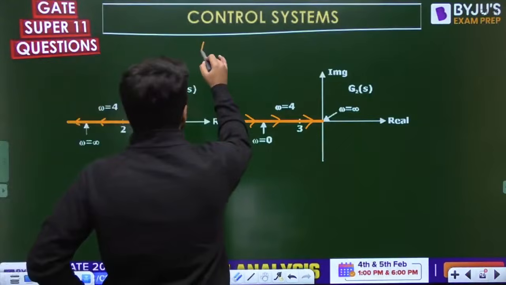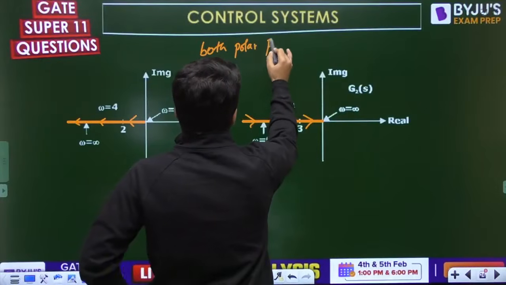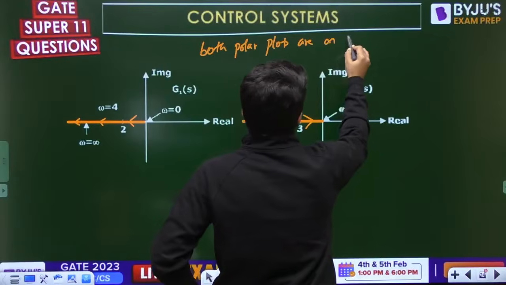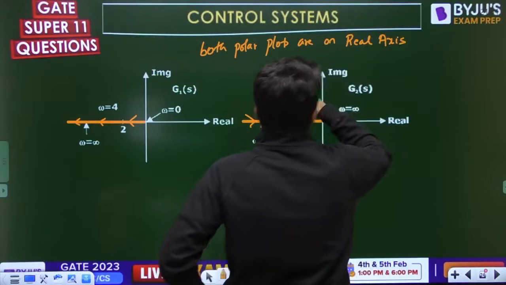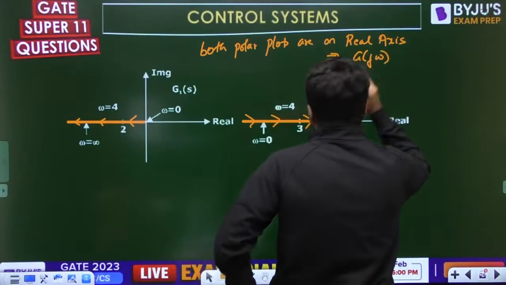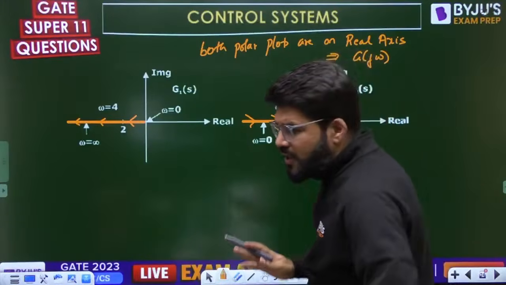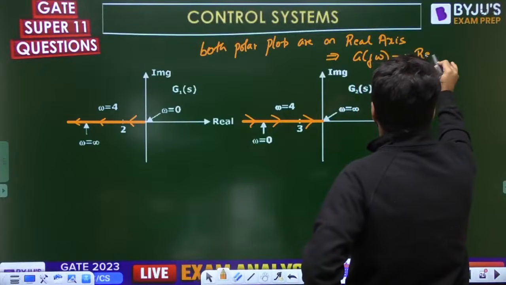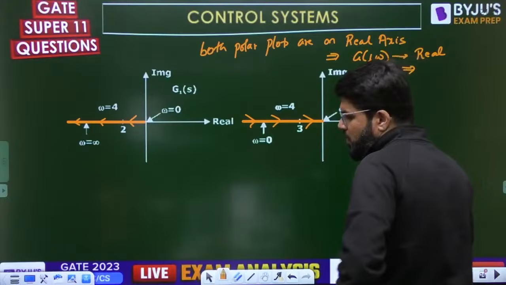So both polar plots, the point to be noted, are on the real axis. If I want to talk about Gj omega, it should not have any imaginary part. Gj omega should be purely real.